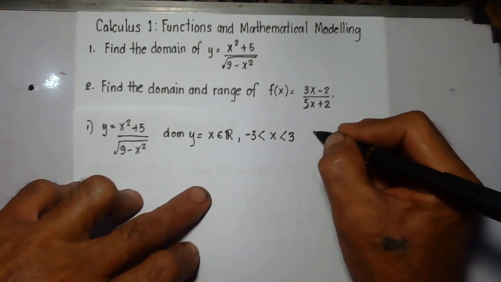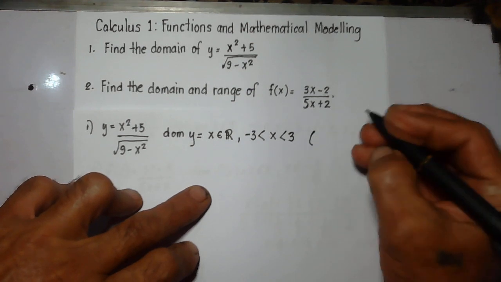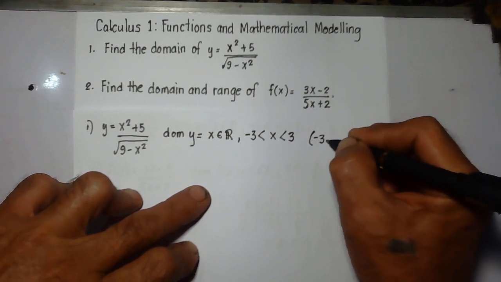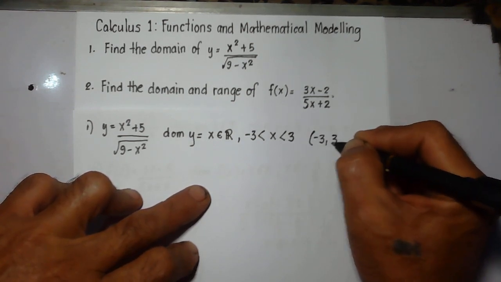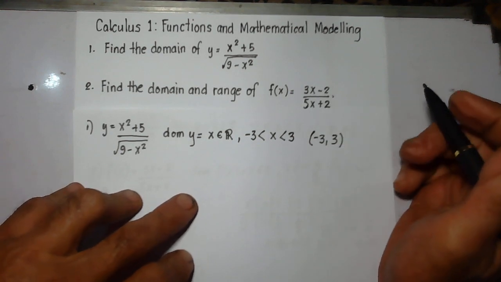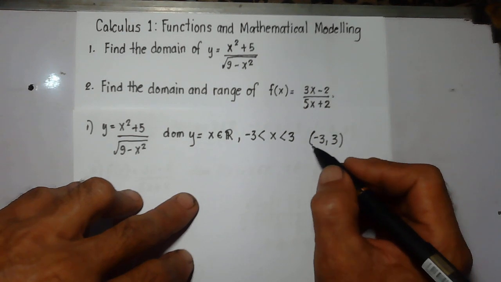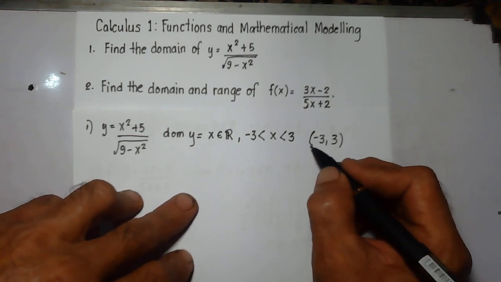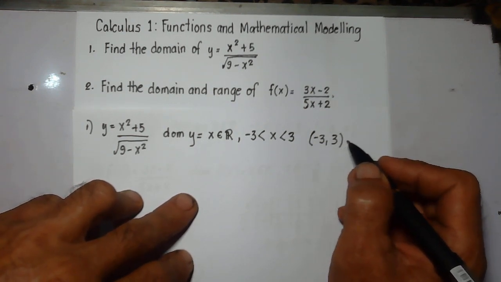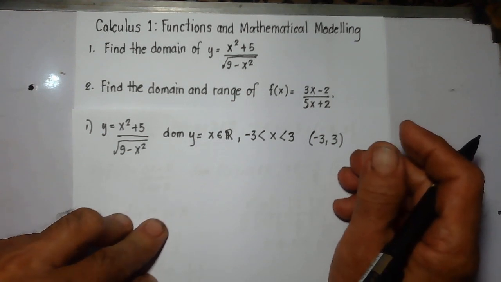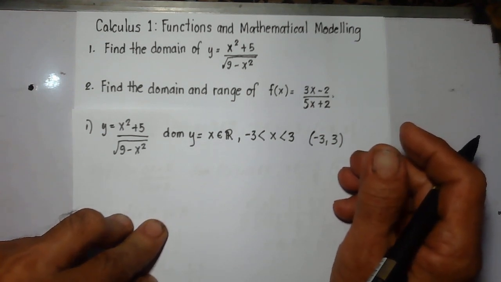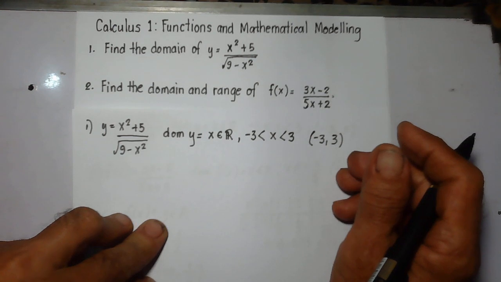By interval notation, we have negative 3 comma positive 3 for the domain of y. And this means that the negative 3 and the positive 3 are not included in the possible values for x.